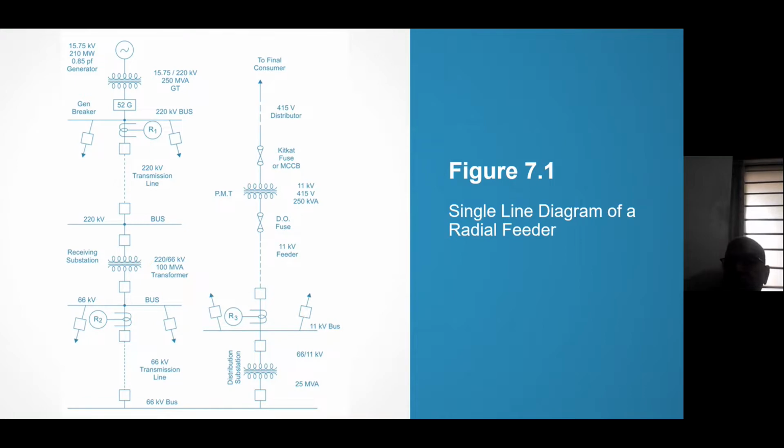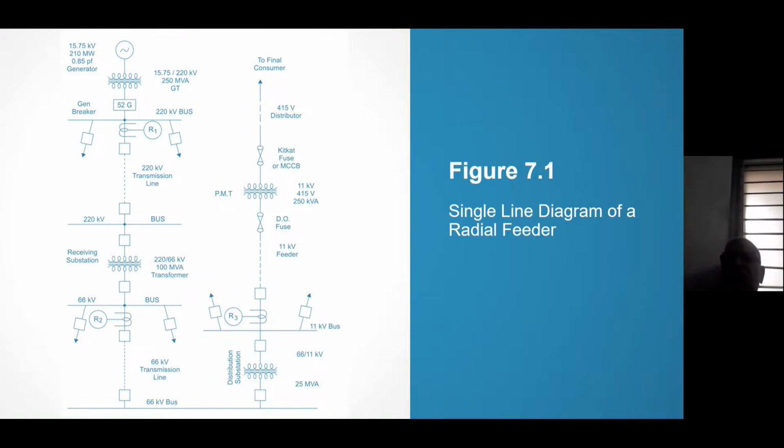These three things are required, because in other lines, if 1000 ampere or 500 ampere is flowing, 500 ampere cannot be passed through a relay. So you need a CT, current transformer, which will step down from 500 to 1 or 500 to 5, right?